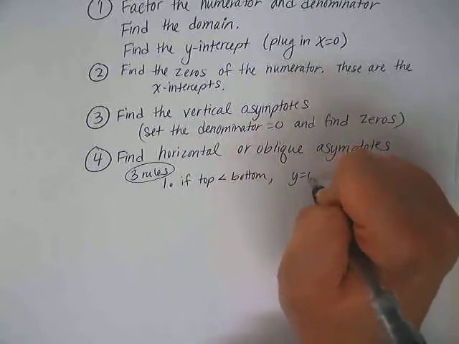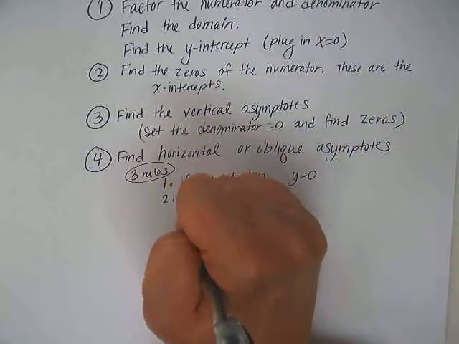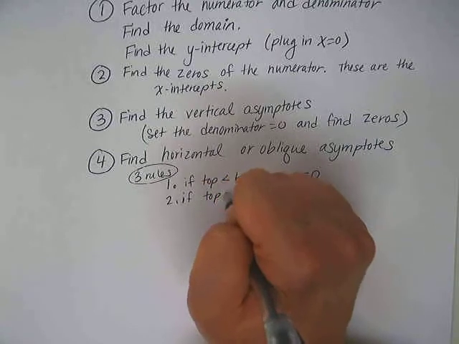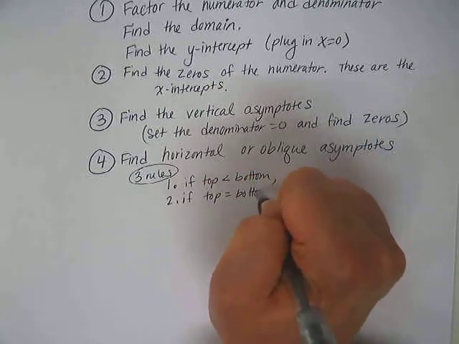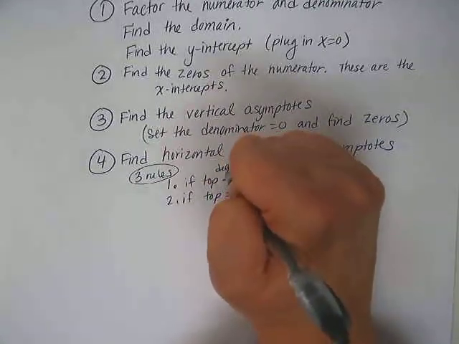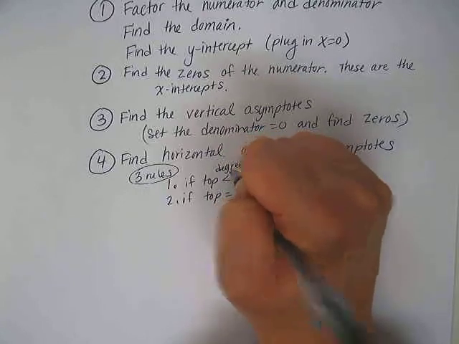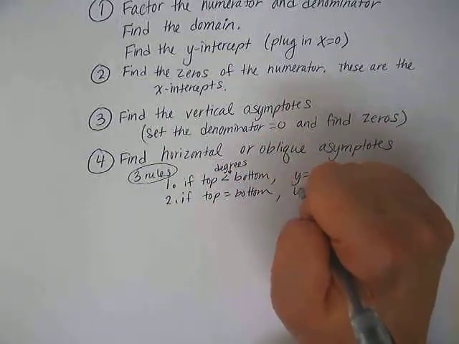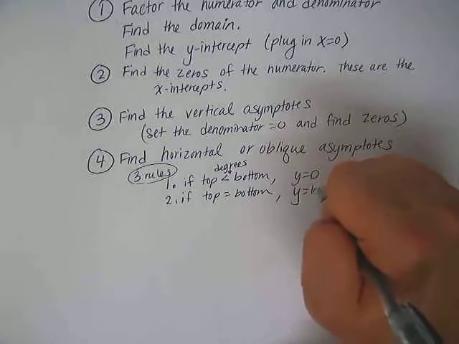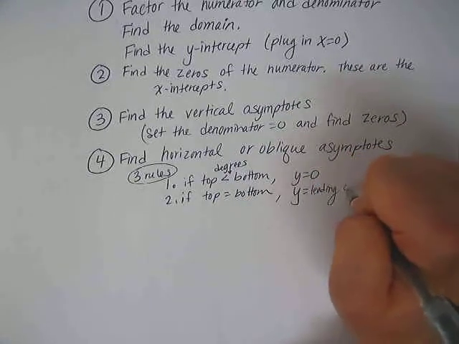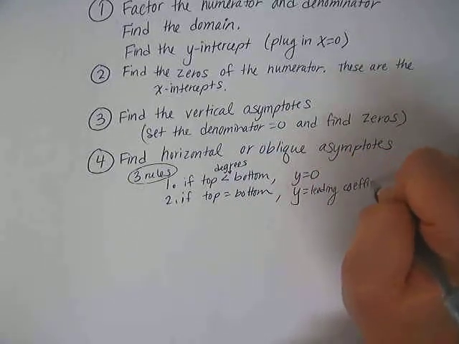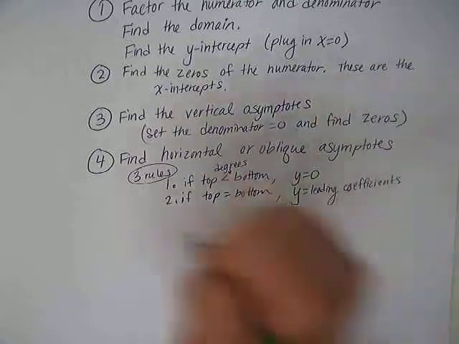If the top is less than the bottom, y equals 0. If top equals bottom, we're talking about degree, right? So these are the degrees. Then y is the leading coefficients.